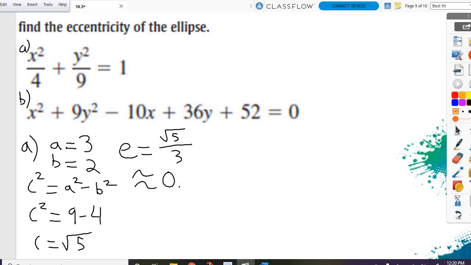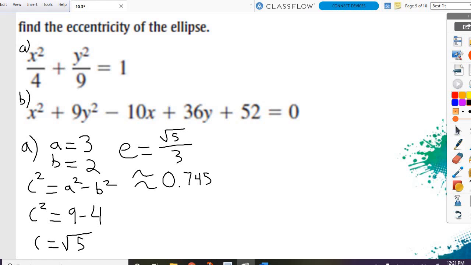I know it's going to have to be 0 point something, because it has to be between 0 and 1. 0.745, to 3 decimals. So not super elongated or stretched out, but still not very circular.